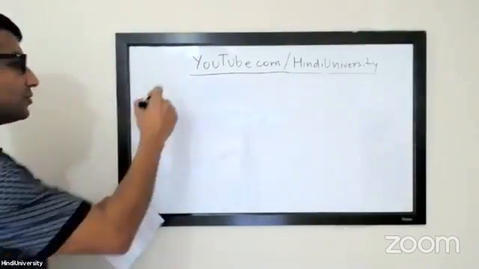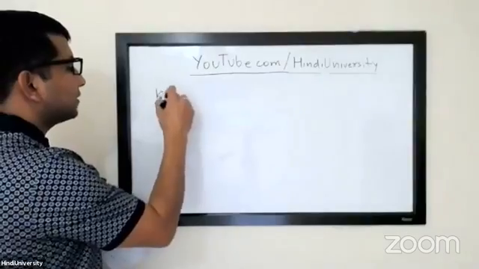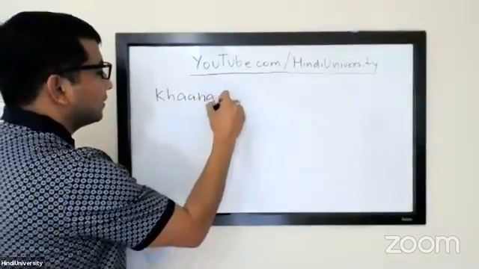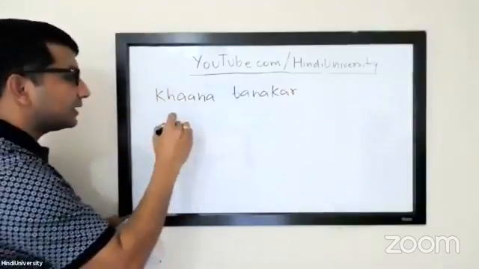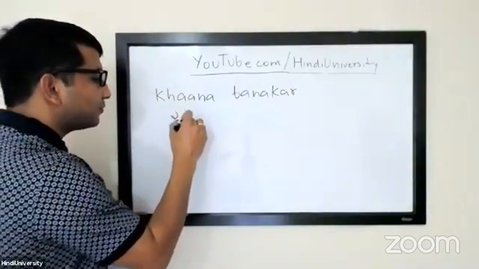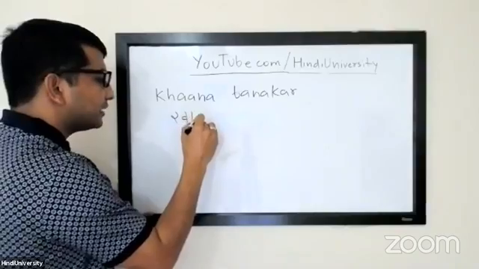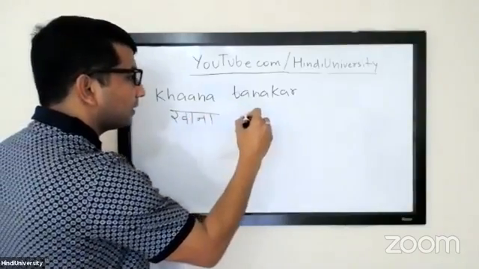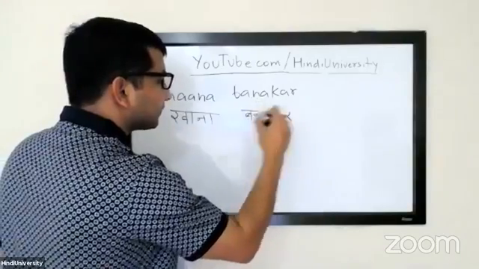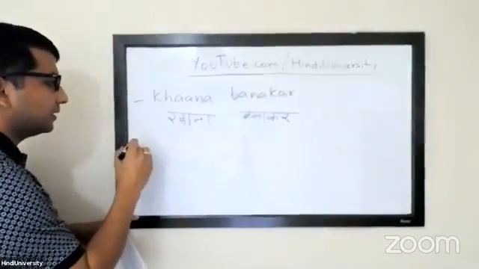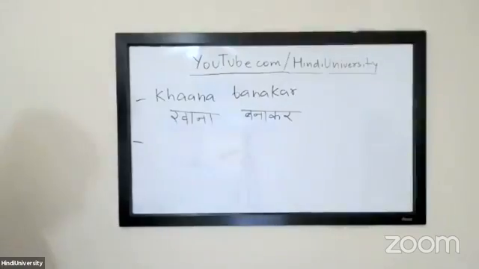So I'm going to write down both the Roman and Devanagari, because some of you want to force yourself to read it. You all have to tell me what it means. This is the first one. All of you have to write it down. What does it mean?